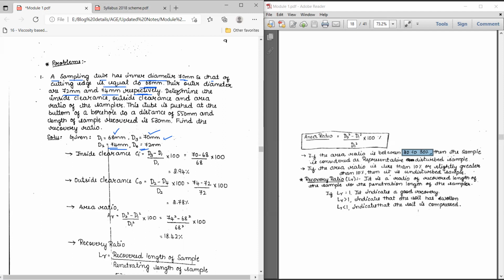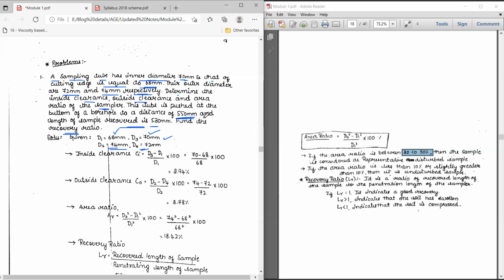Next, what he is asking: determine the inside clearance, outside clearance and area ratio of the sampler, and this tube is pushed to the bottom of the borehole to a distance of 550 mm and the length of the sample recovered is 530 mm. Find the recovery ratio. That means if you insert this sampler inside the earth, the total length of penetration is 550 mm.